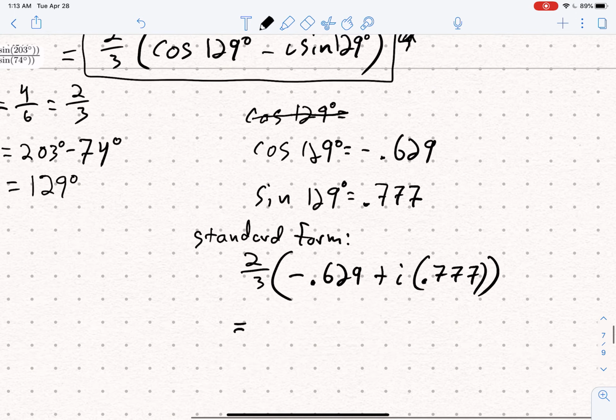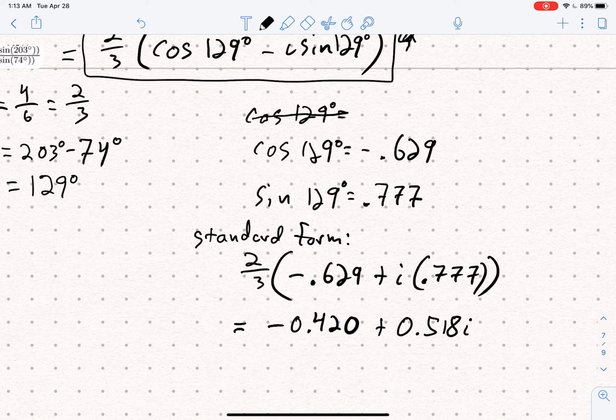And here I'm going to do that to the side. 2/3 times negative 0.629 is negative 0.420. And similarly, 2/3 times 0.777 is 0.518. And don't forget, we still have that i in there.